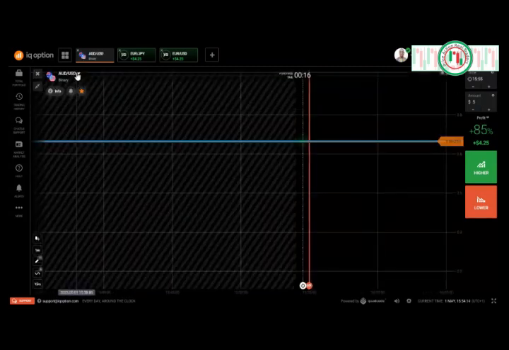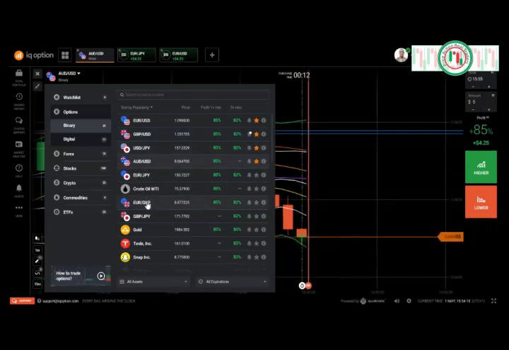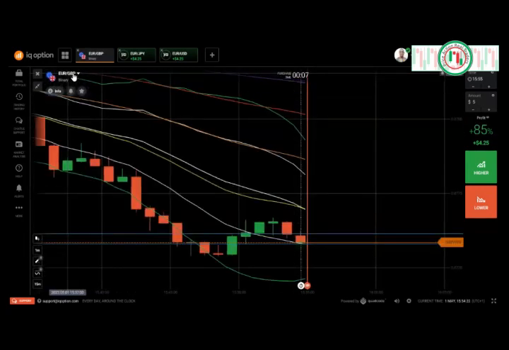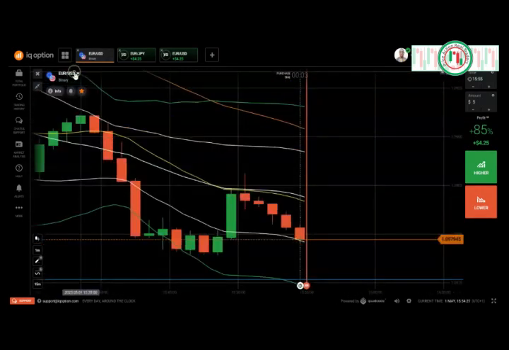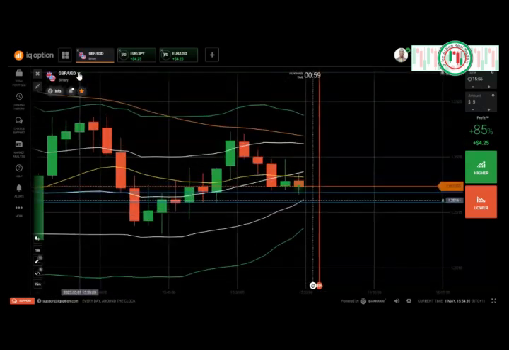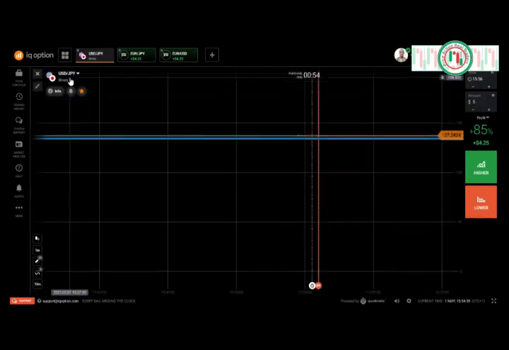Let's just change to another one. All the markets are bad, not good.